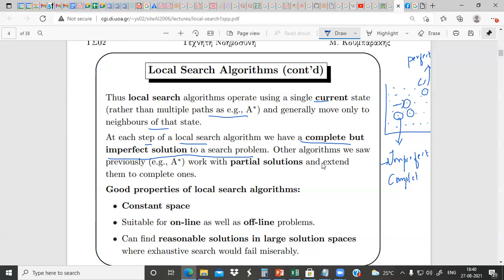Whereas in the A-star algorithm and others, they are not called complete solutions, nor imperfect solutions. They are called partial solutions. In A-star, we have a path. If you start with Arad, then Arad to Sibiu, this is one path. Your objective is to reach Bucharest. If you have reached up to Sibiu, or from Sibiu to Fagaras, then this is called a partial solution.